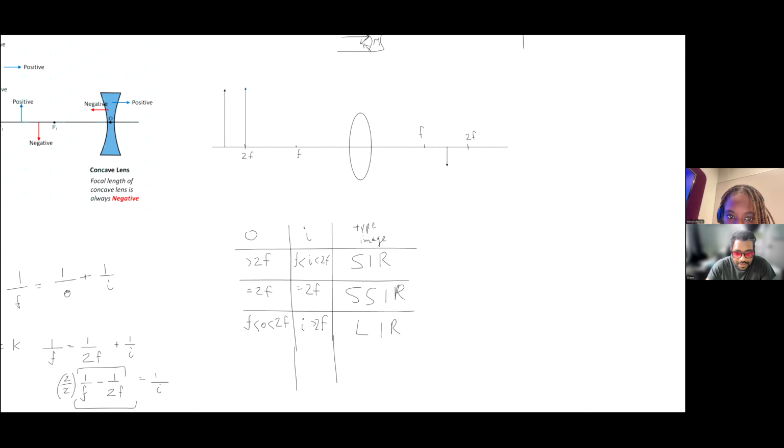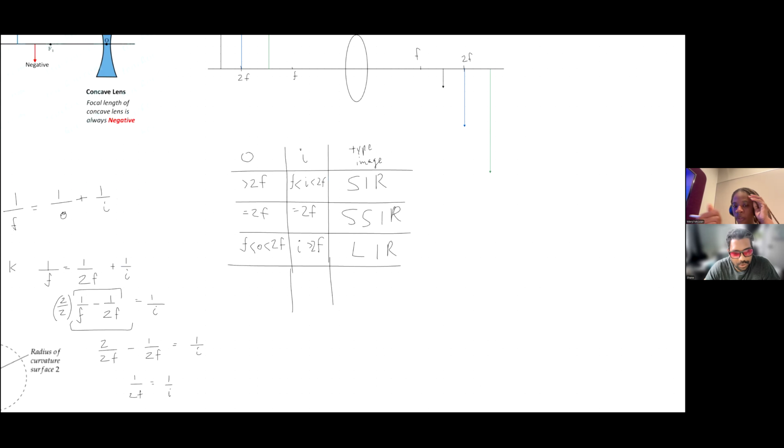Then here I'll use green for that. And then this, and it's larger. Good.